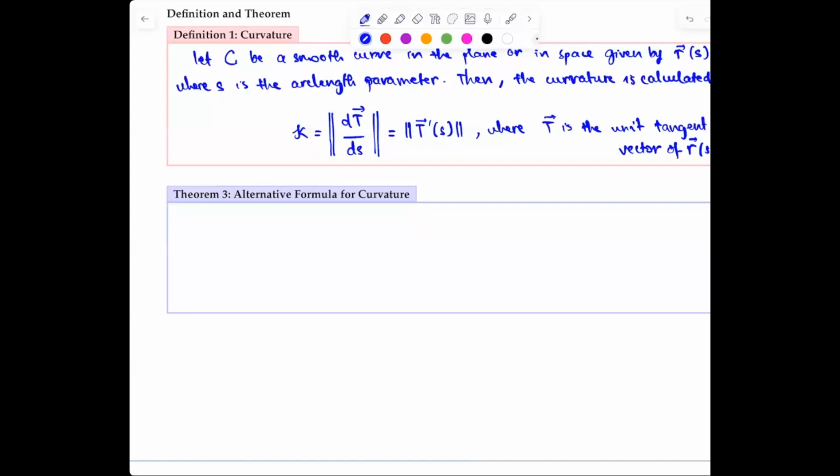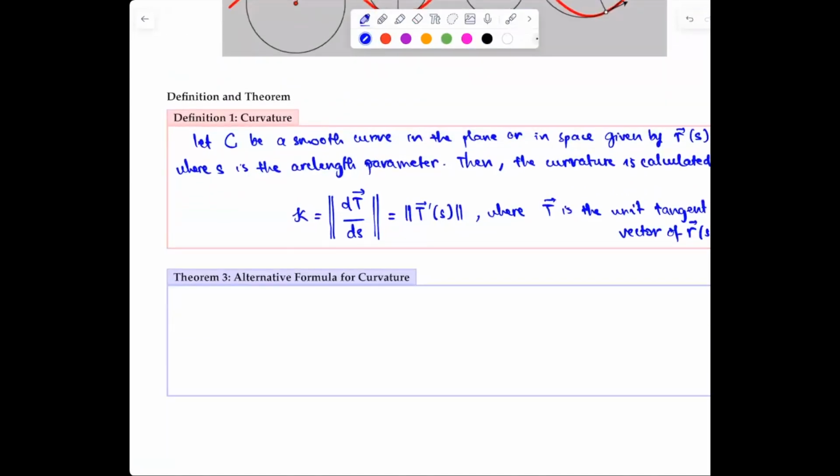You with me on that? Okay. The rate of change of the tangent vector per unit length, where s is the arc length. But in practice, this formula is quite difficult to use to calculate the curvature. What we normally do is use the formula given in this video.